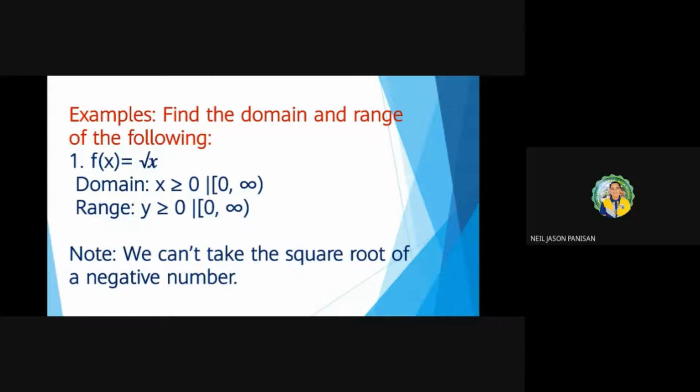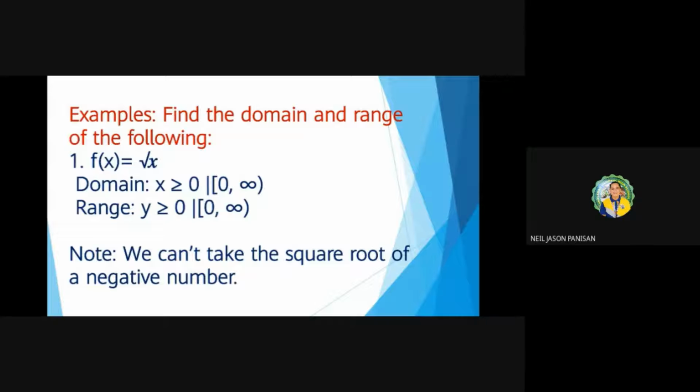So if we plug 0 in the equation f of x is equal to the square root of x, the x is replaced by 0. So the square root of 0 is 0.